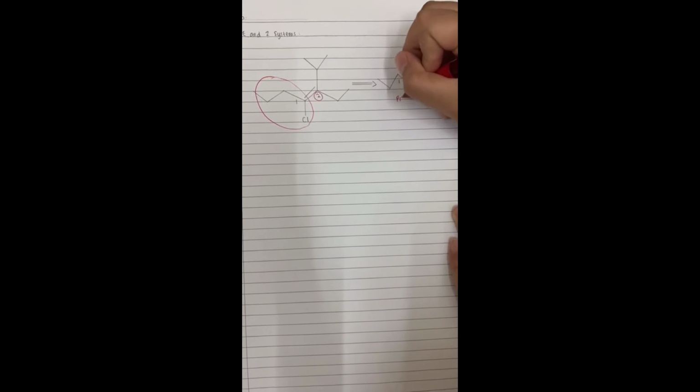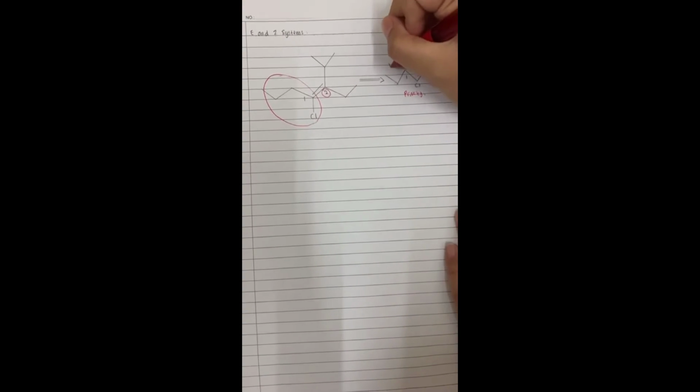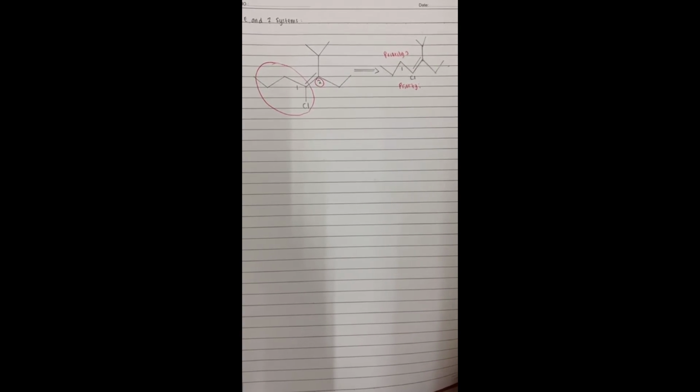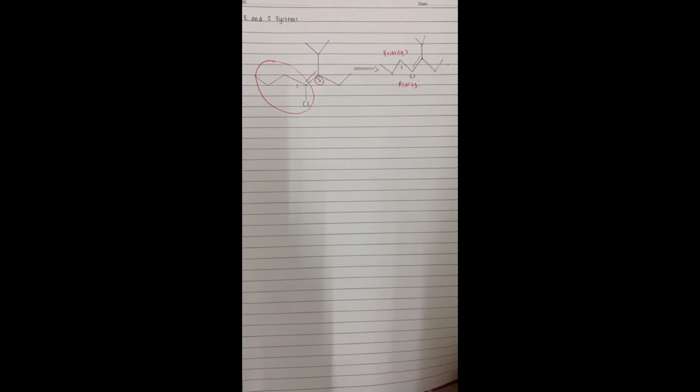So this is priority 1, this is priority 2. What do we do? Just like in the R/S configuration, when there is a tie, we need to look at the atoms connected to the ones being compared.